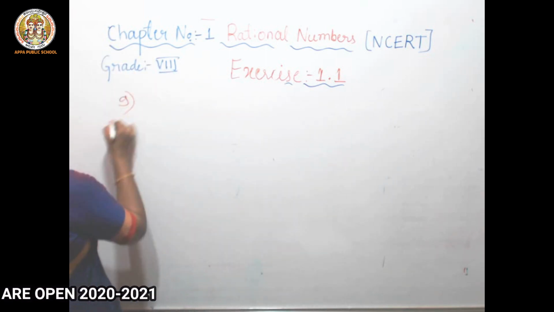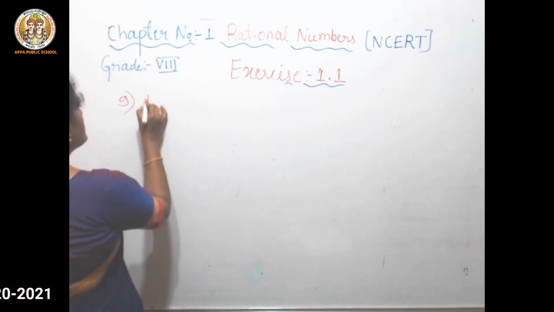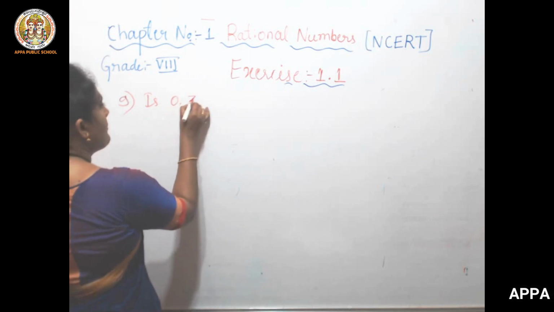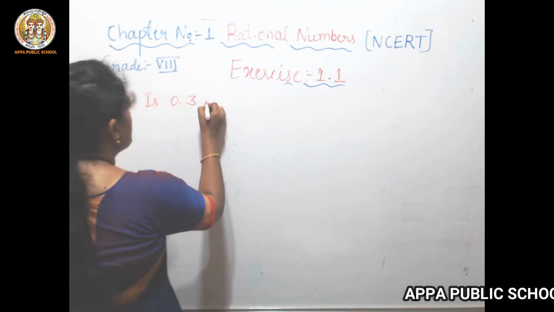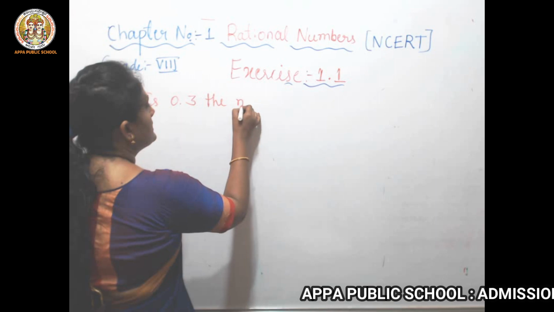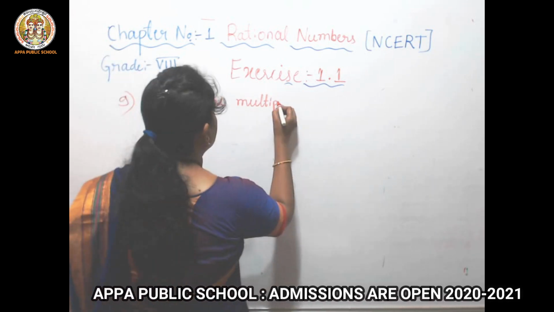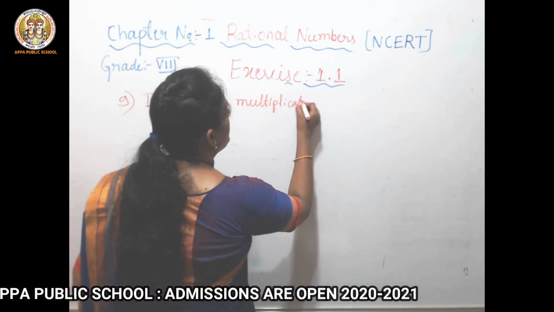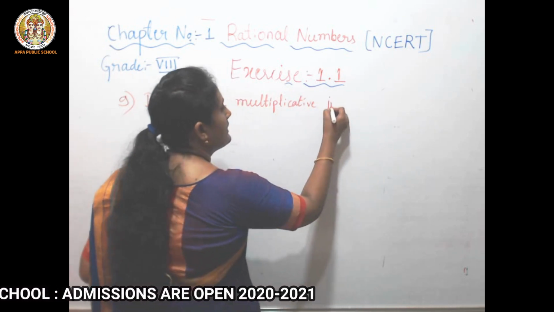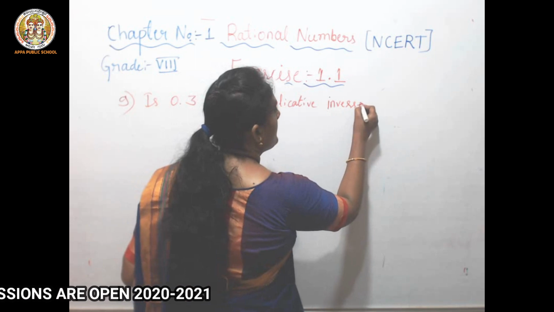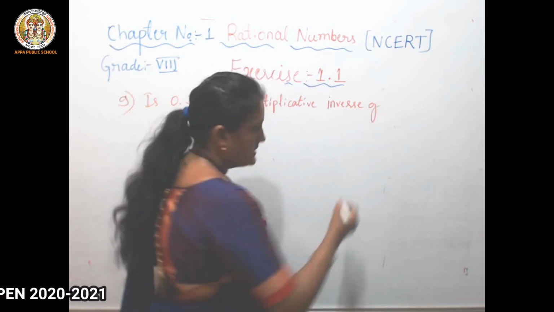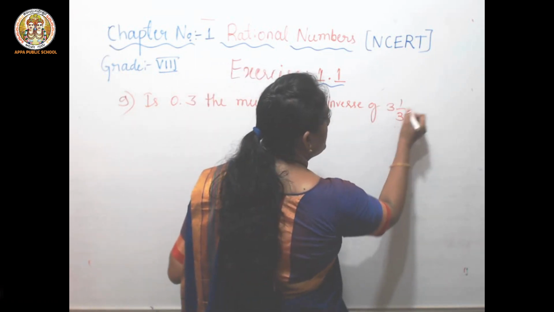Ninth one is: is 0.3 the multiplicative inverse of 3 integer 1 by 3?